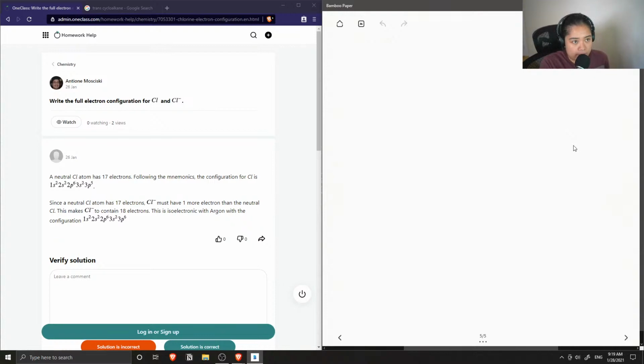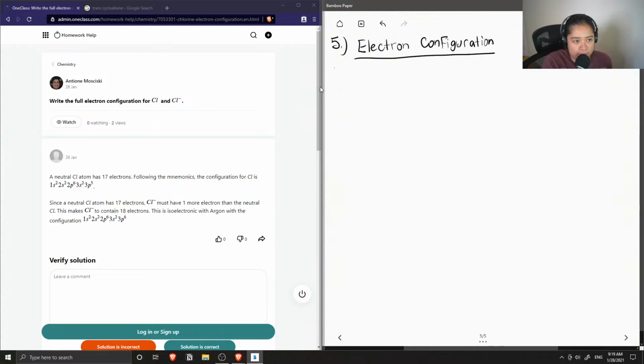Okay, so question number 5 is to write the full electron configuration for chlorine and chlorine minus. So when we write down the electron configuration, it helps when we follow a set of different steps.